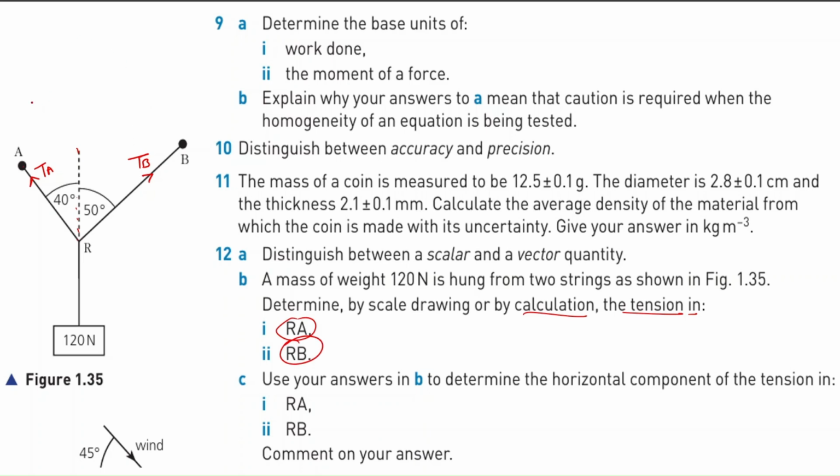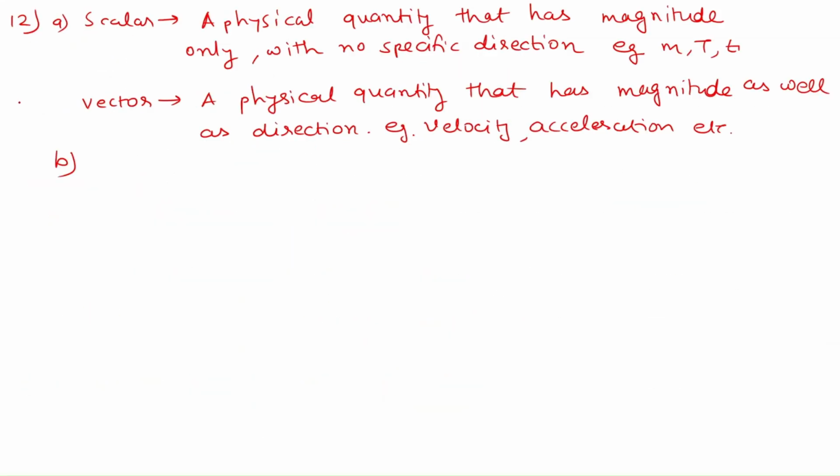So, draw the same diagram as we got. Here is TA, here is the A string, and here is the B string. And it's 120 Newton weight, okay?